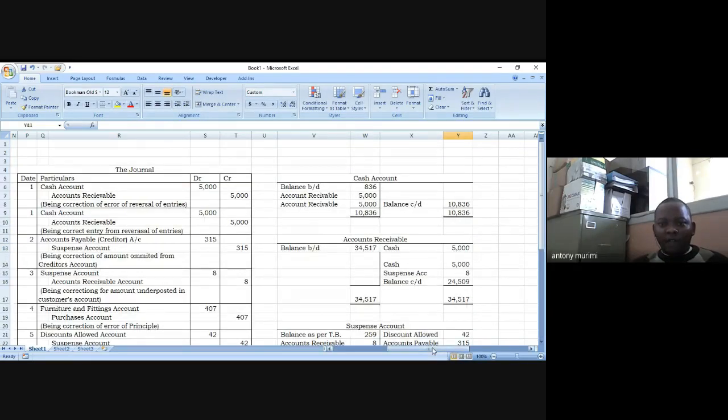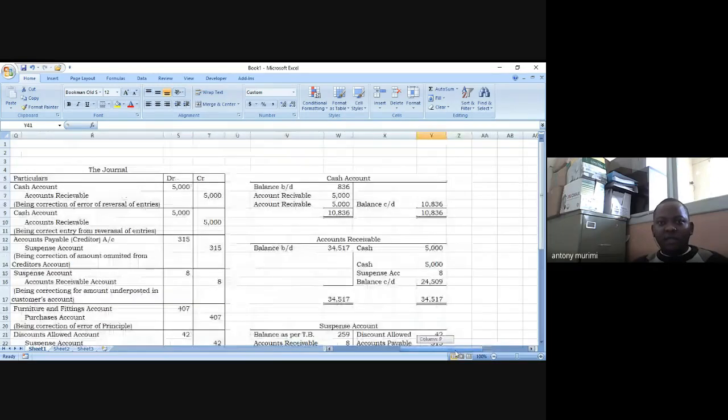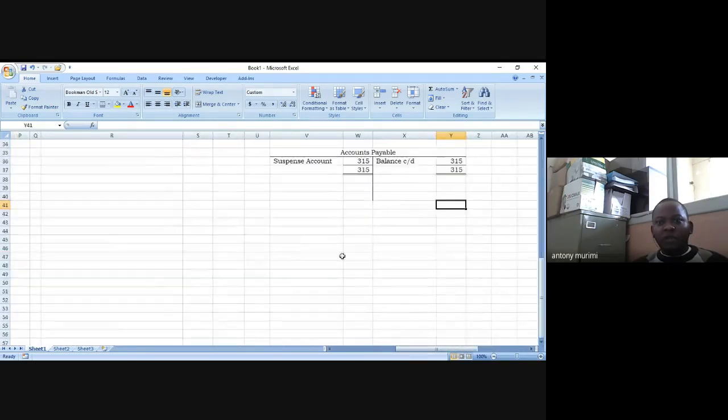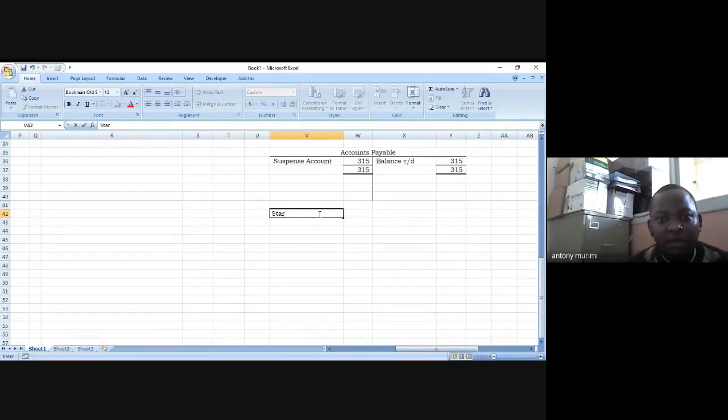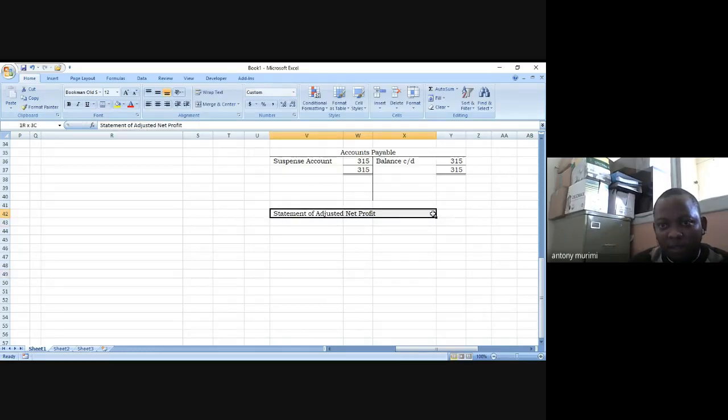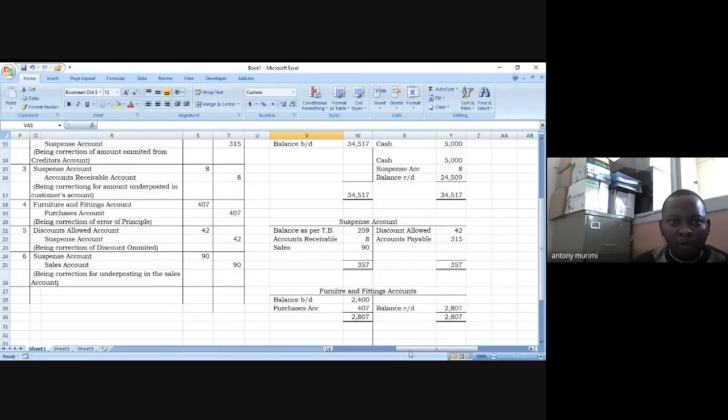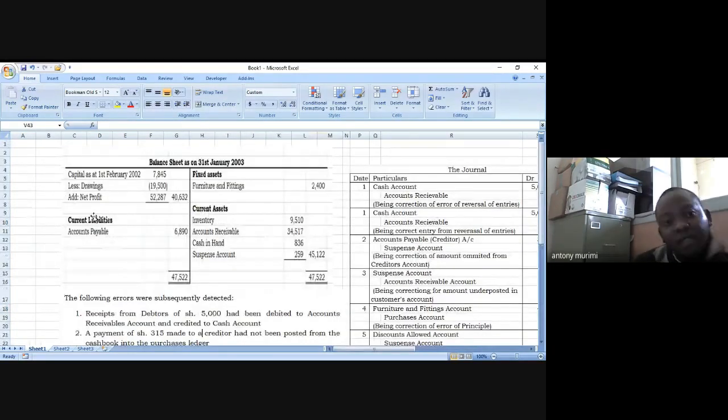After having done this, the next thing is to do the statement of adjusted net profit. Here we have the net profit brought forward as shown in our balance sheet.